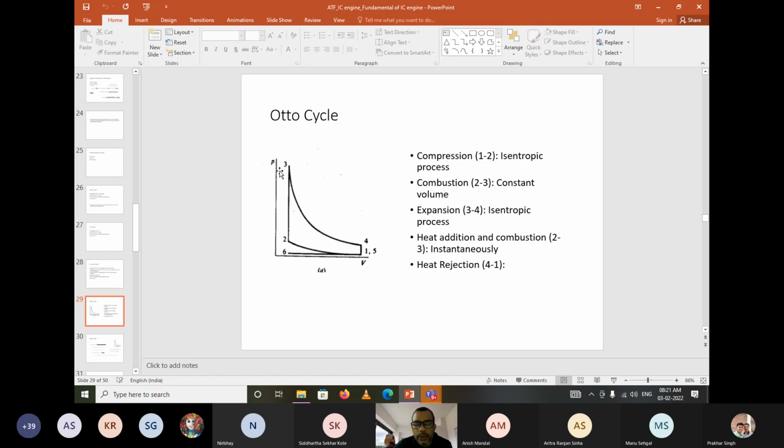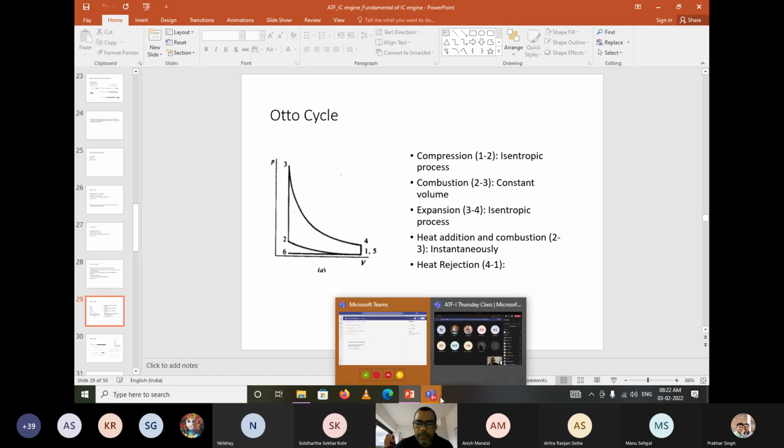So right now you are seeing a PV diagram and I'm asking you to draw it on the P theta diagram, where the volume on the x-axis has to be replaced with the crank angle. And then represent all the four stages, 1, 2, 3, 4, 1. Can you please do that? Think about how the PV diagram of the Otto cycle will change to the P theta diagram.